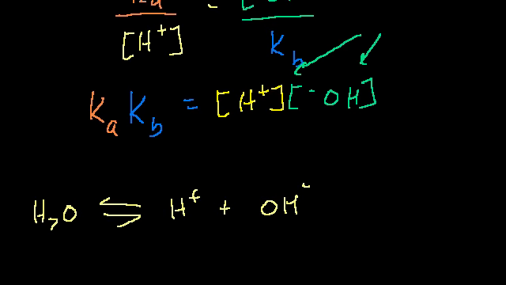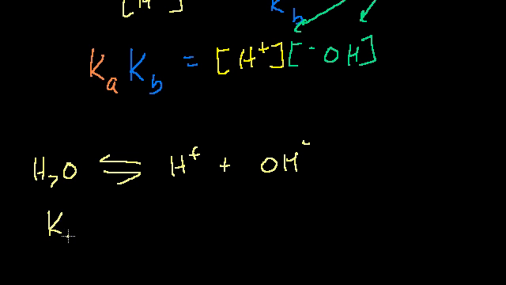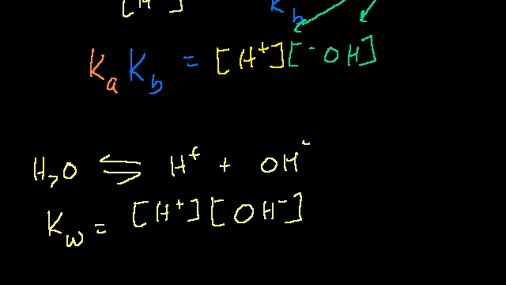And this has an equilibrium constant, Kw, equal to the product, so the concentration of the hydrogen protons times the concentration of the hydroxide ions. And you don't divide by water because it's the solvent. We already figured out what this was. If we have just completely neutral water, this is 10 to the minus 7, and this is 10 to the minus 7. So this is equal to 10 to the minus 14.